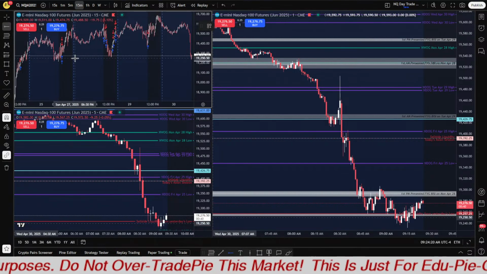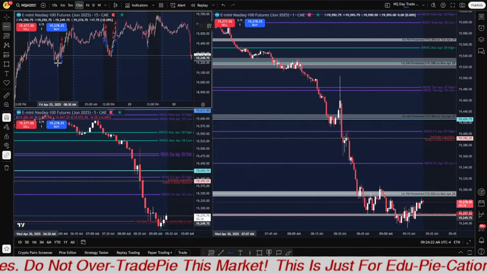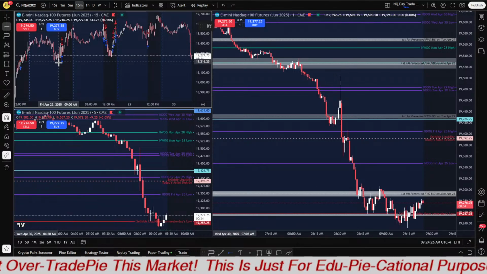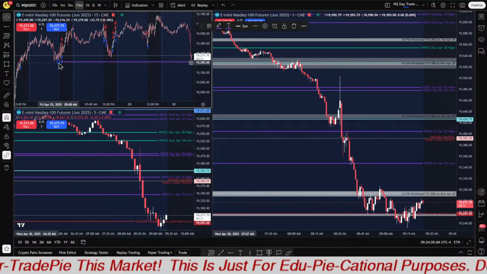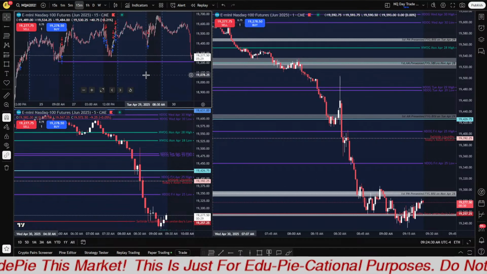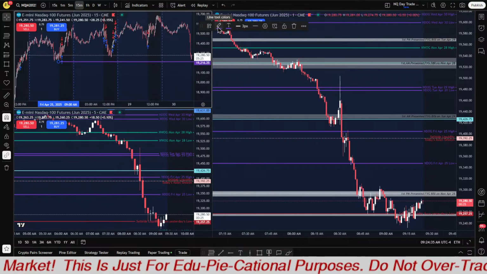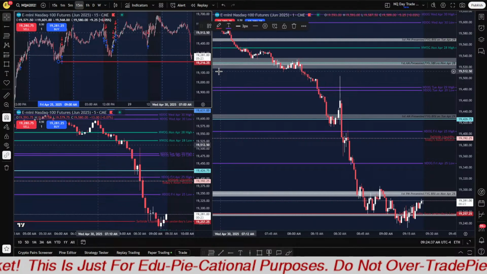The interesting point for me today is this swing low over here at 19,216 and a quarter. This is the point of interest for me for sell side liquidity.